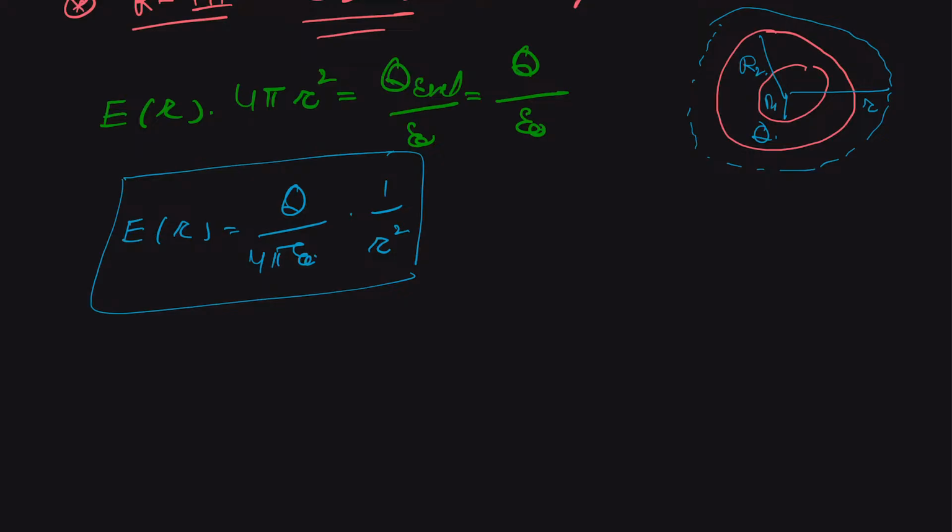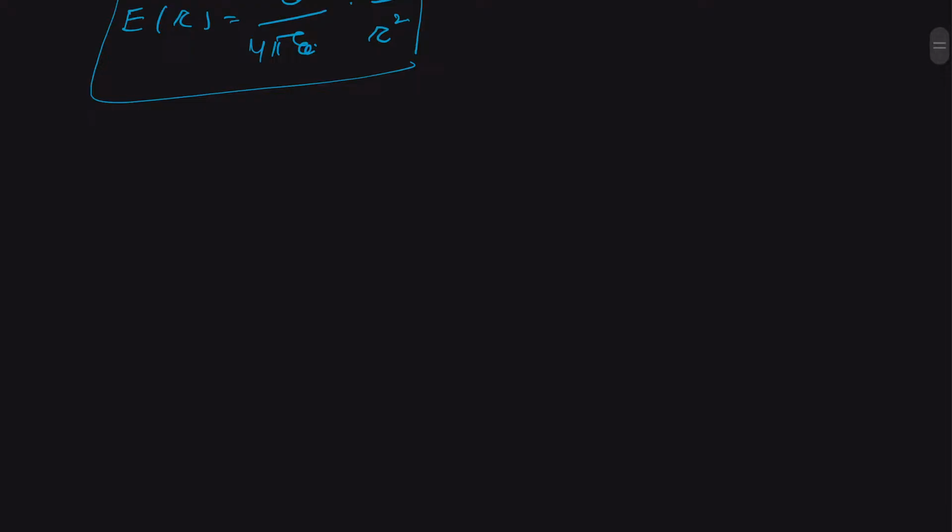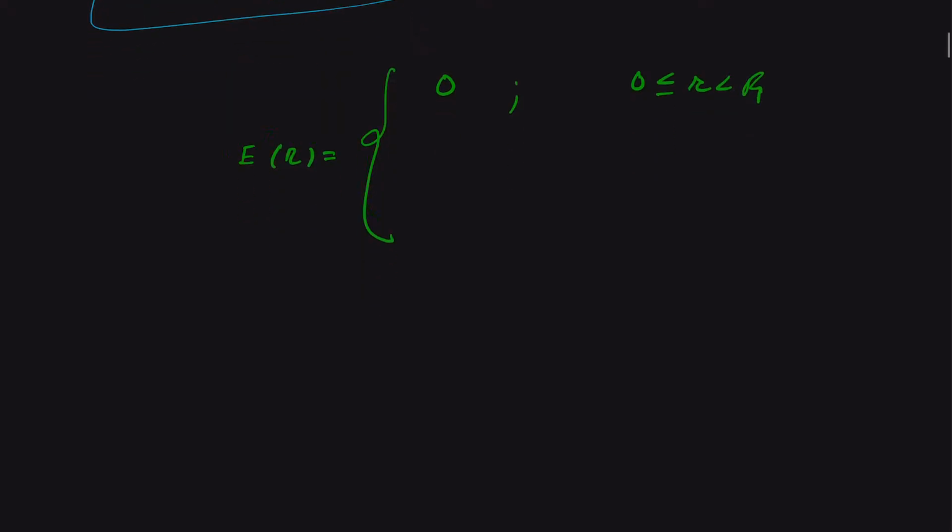Now we can write this electric field in a piecewise form also. The electric field is going to have 3 values depending upon the region. The first value is 0, when the Gaussian surface radius is greater than 0 but less than our R1 inner radius.